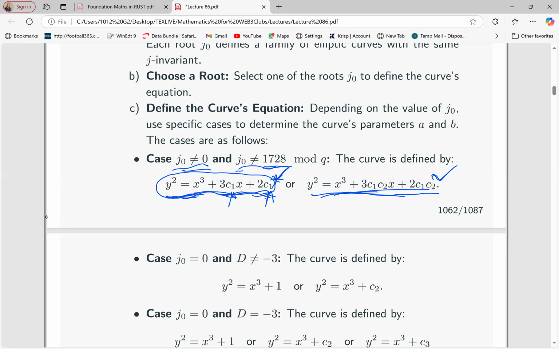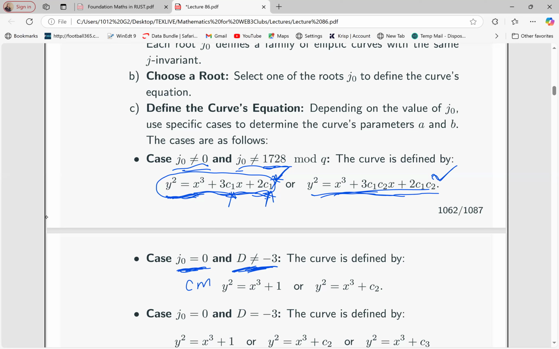Now, what about if the J invariant is 0 and the discriminant, the CM complex multiplication discriminant you calculated above, is not equal to -3? Let me just repeat.